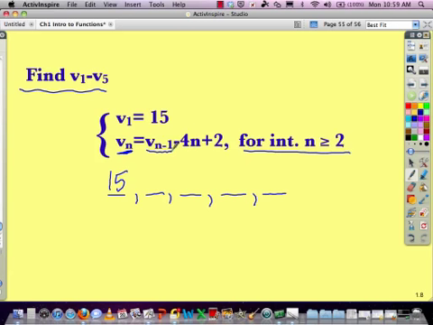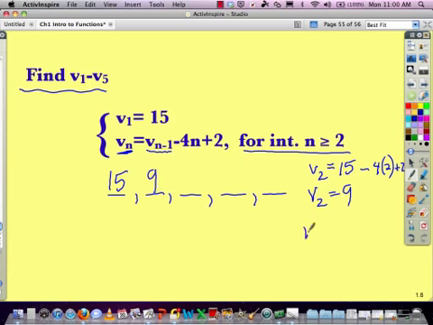So let's go. We want our second term. It'll be our previous term, which was 15, minus 4 times our counter. Our counter is currently at 2, and then we're going to add 2. So 15 take away 8 is 7. 7 plus 2 is 9. V sub 2 is 9.